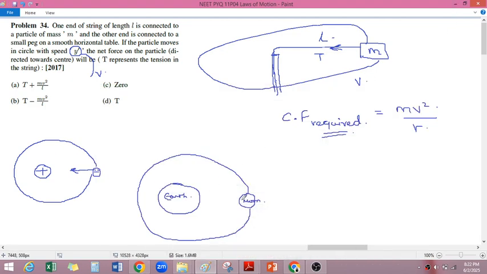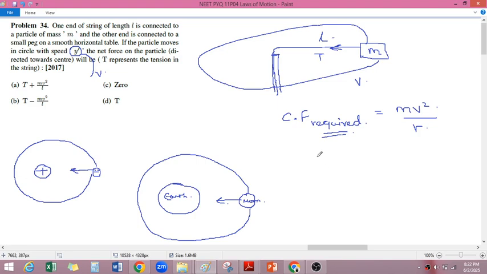It's the gravitational pull. The gravitational force between the Earth and the Moon is what is providing the centripetal force. So in the case of a string, it is tension. Somebody is pulling it towards the center, and that is what makes it go around the circle.